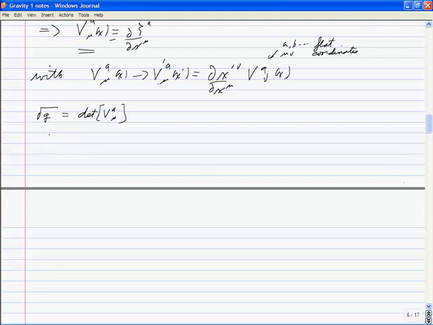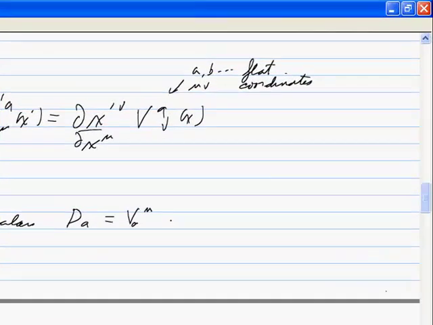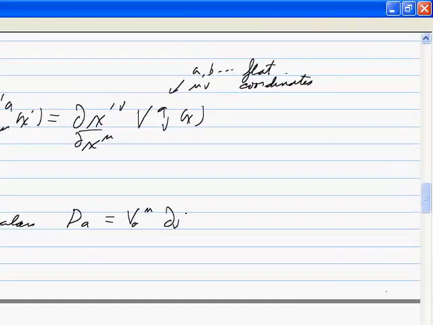And I can define a covariant derivative for scalars, so it'll be d_A is V_A^mu d_mu, sorry. Okay, so A and B indices are raised and lowered with etas, the others are raised and lowered with g's.